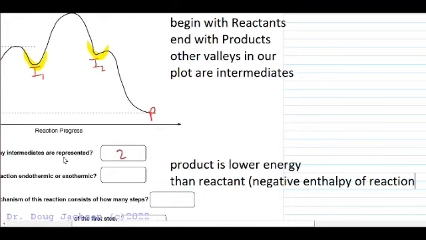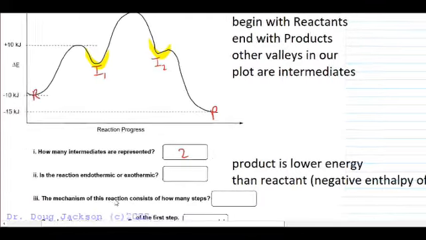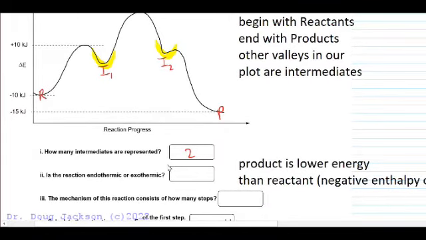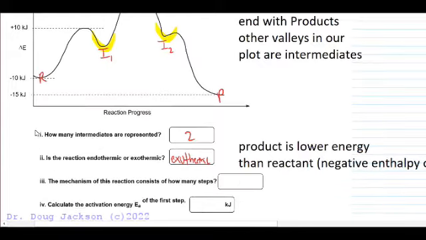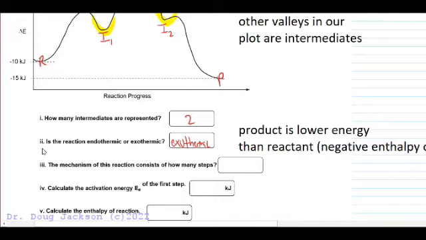That negative enthalpy of reaction means that we are exothermic. Heat is released when we have a more stable product than the reactant. We see this is negative 15 kilojoules per mole for the product, and negative 10 kilojoules per mole for the reactant. So a lower number on the number line for the product gives us an exothermic reaction.